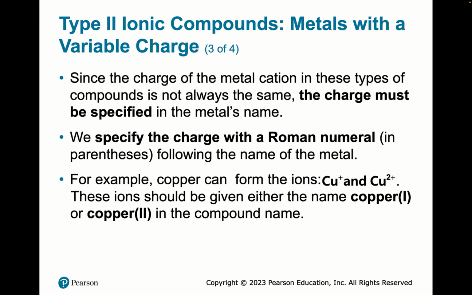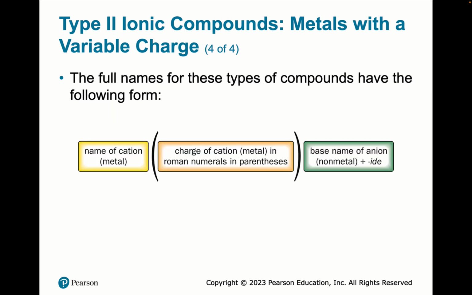Because of the variable charge, we have to include the charge in the name. We do this not with Arabic numerals, we use Roman numerals. So with copper plus 1 and copper plus 2, we use the words copper 1 and copper 2 in the name.